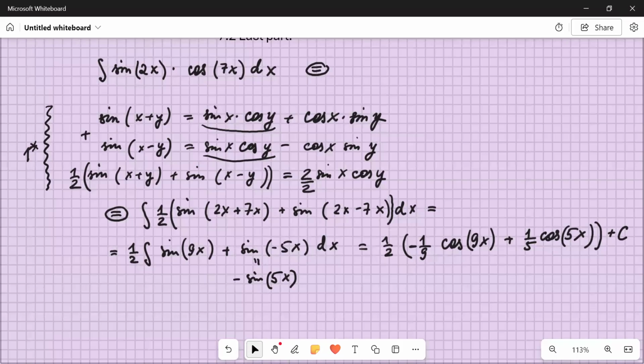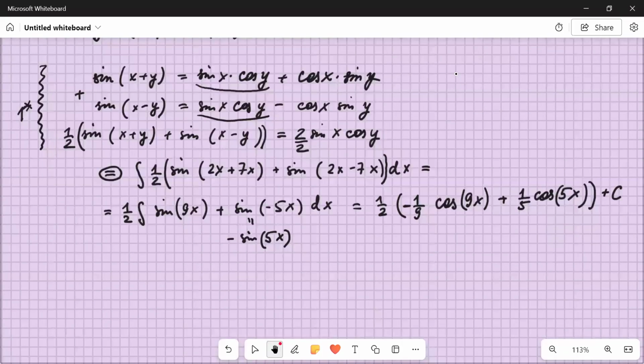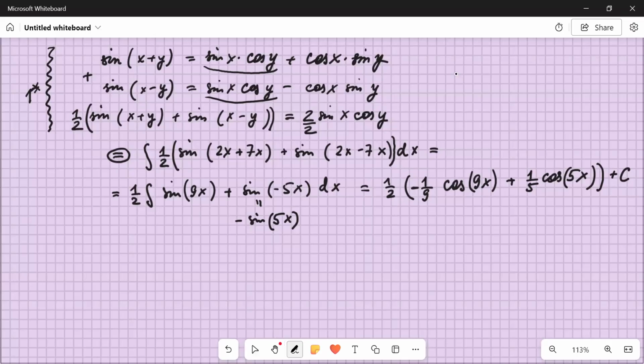So guys, I'm going to ask you to solve by yourself the next 2 examples. Example number 1: integral of sine of 8x by cosine of 5x dx. Find the indefinite integral.